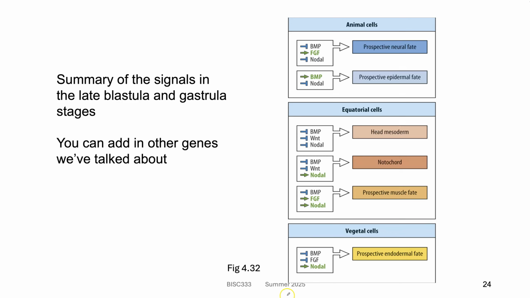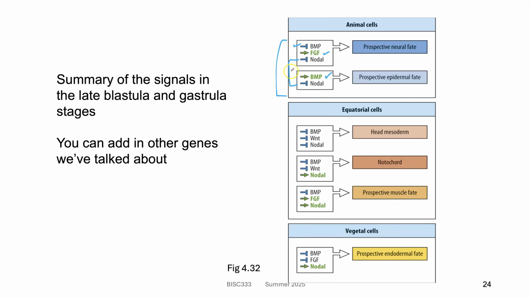Okay, so this is a quick summary. Basically in the animal cap cells, the epidermal fate is through BMP. The prospective neural fate has the inhibition of BMP and the active role of FGF as a positive, and actually nodal as well, which we didn't really talk about. But in the animal cells, we talked about previously in a different lecture that nodal function is inhibited by ectodermin.